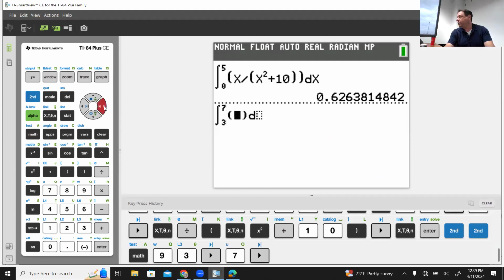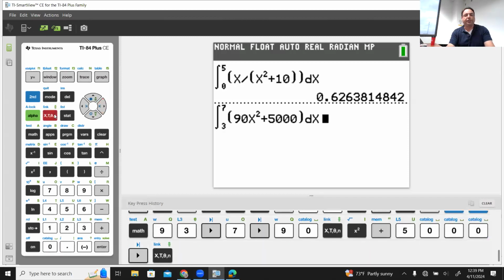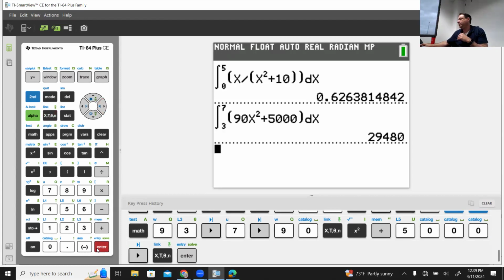You plug in the original, which was 90x squared plus 5,000 dx, and you should get the same answer. 29,480. Okay, so again, you can already tell the future.